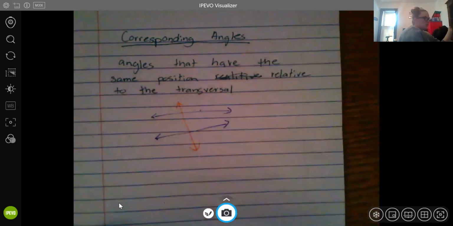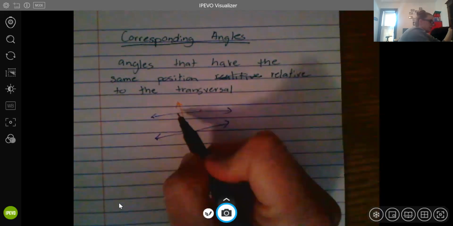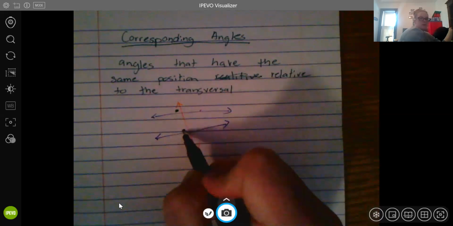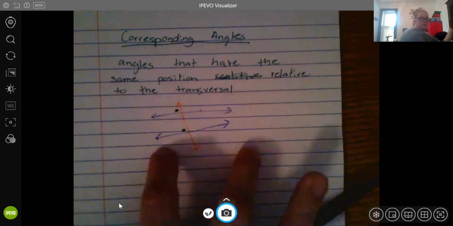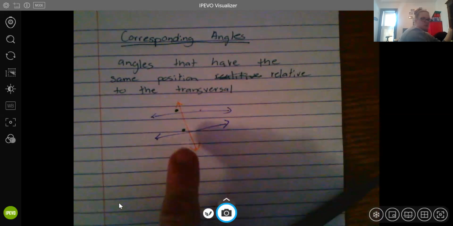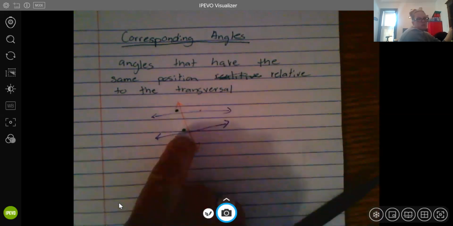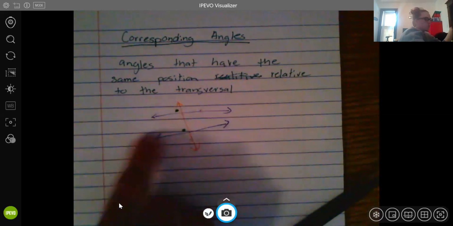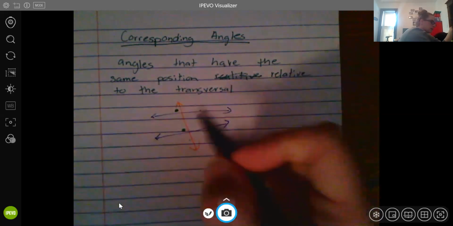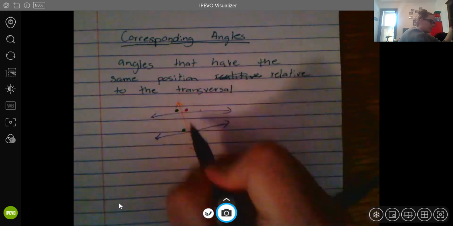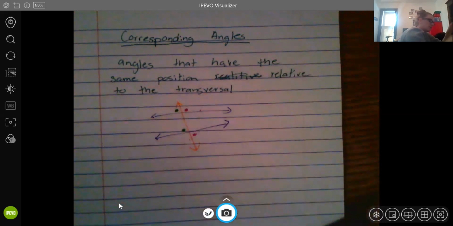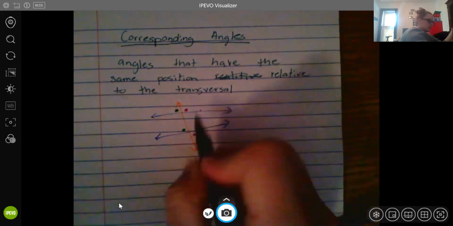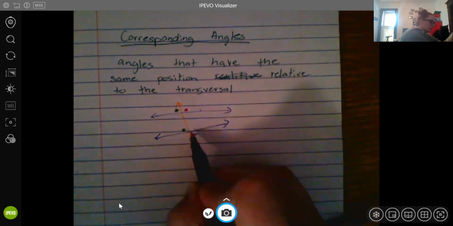Okay, so when we have these, they are going to be such an example like here and here. So if I pick up this bottom line and I lay it right on top of the top line, they're in the same position in relationship to the transversal. They are above my line and to the left of my transversal. So that's one set. Here's another set on this side. And let's throw in another, oops, that's not it, this one.